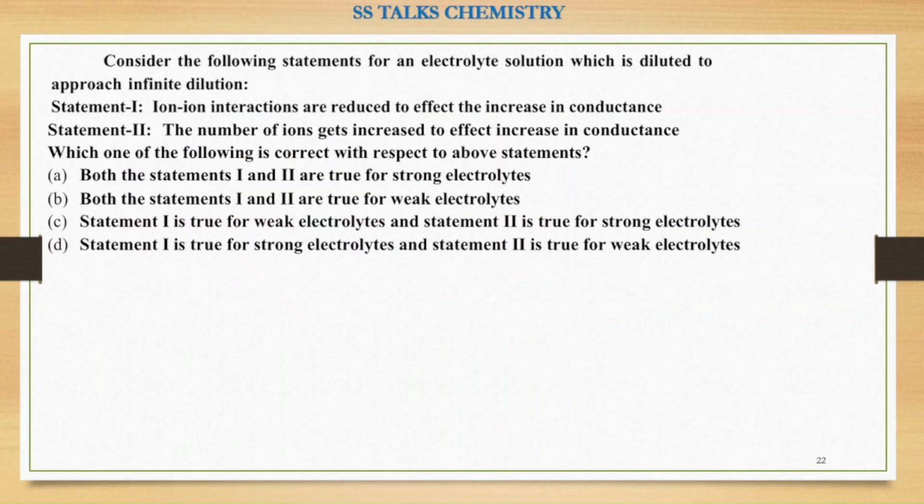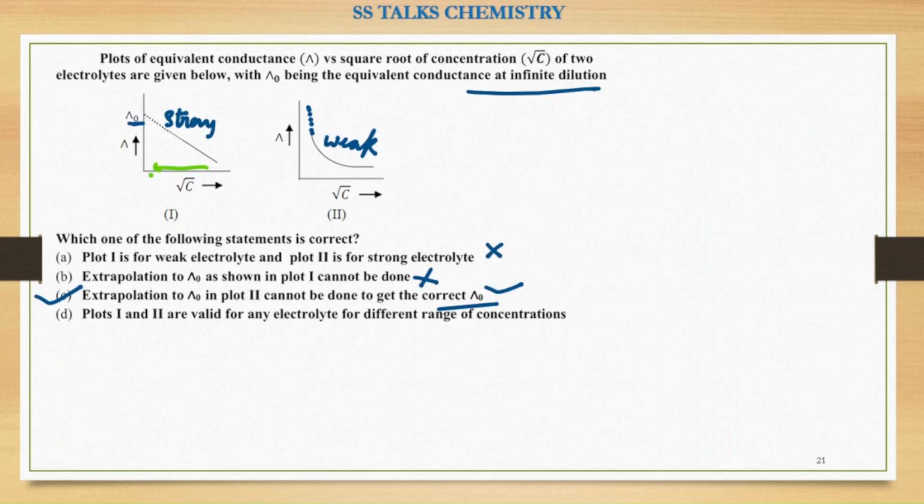Okay. The next statement says the number of ions gets increased to effect the increase in conductance. This is true for the weak electrolytes. The first one is for the strong electrolytes. Here also you can see it in the second curve. A sharp increase is observed at this particular point as you decrease the concentration.